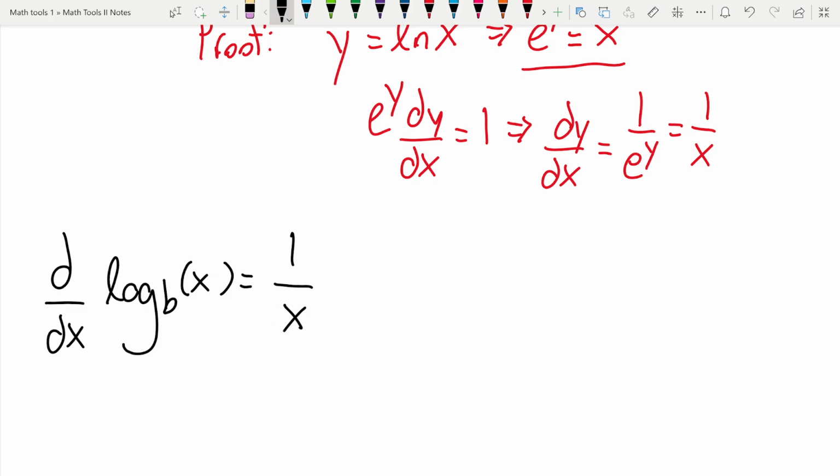There are different ways to write it. We could say 1 over x in the denominator times the natural log of b. Okay. So again, it's proportional to 1 over x. You just multiply by this extra constant, natural log of b. And if your base is e, the natural log of e is just 1, so it just becomes 1 over x.